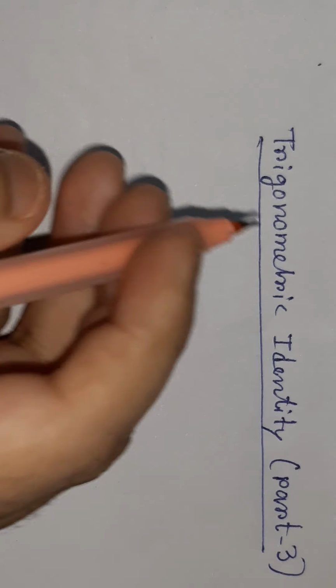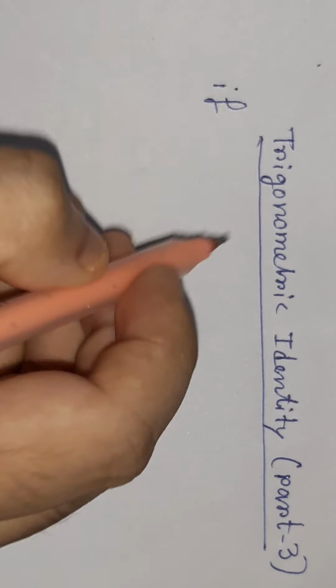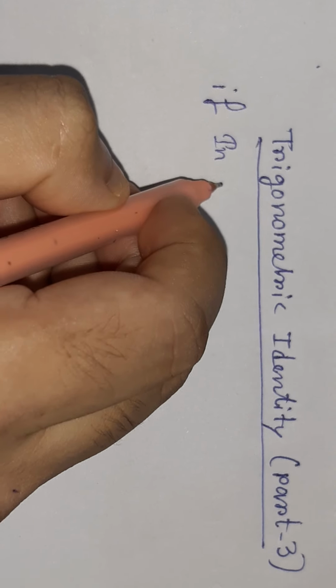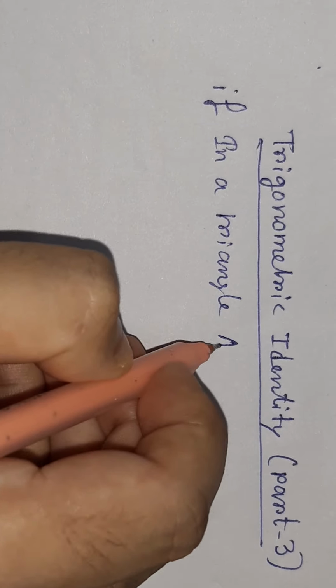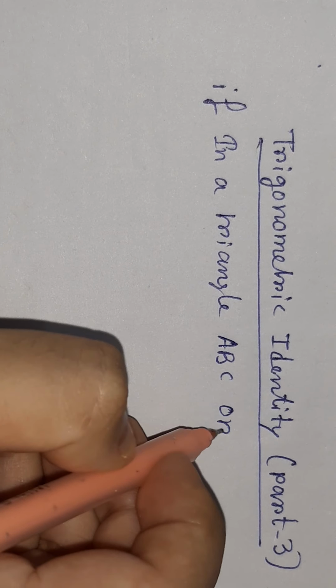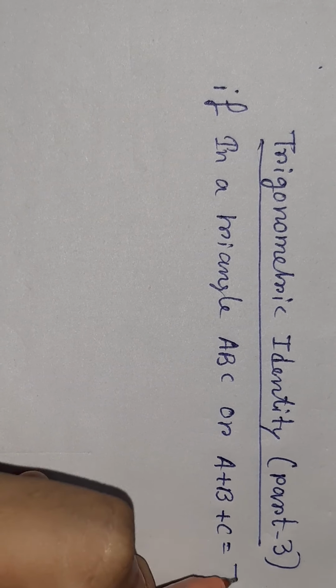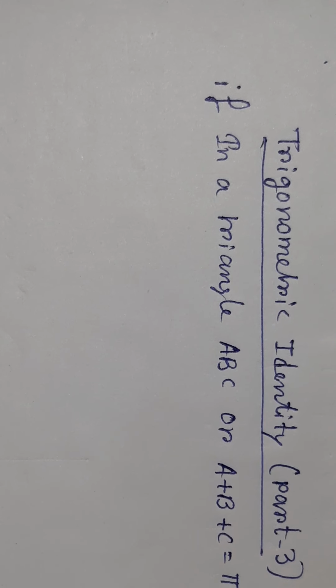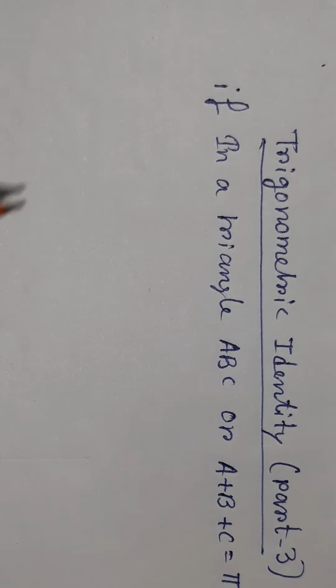So let's start. If in a triangle ABC, A plus B plus C is equal to pi, that is, if the sum of the three angles is equal to pi, then we have some certain results in trigonometric identities.